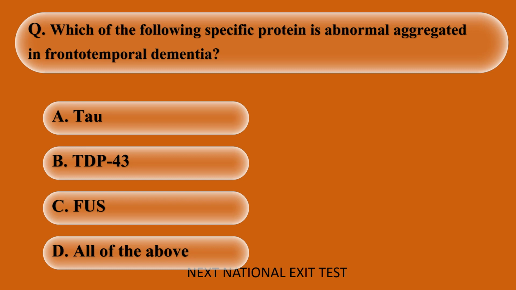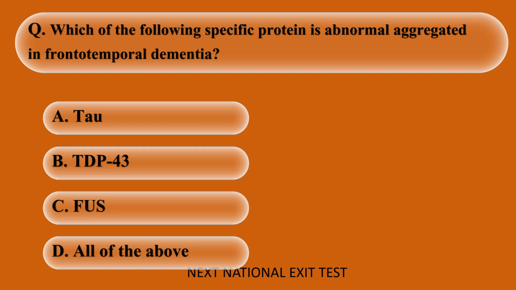Hence it is called frontotemporal dementia. The specific underlying cause of FTD can vary, but abnormal protein aggregates are seen. The important abnormal protein aggregates are tau protein and TDP43, TAR DNA binding protein 43. These are the abnormal aggregates.